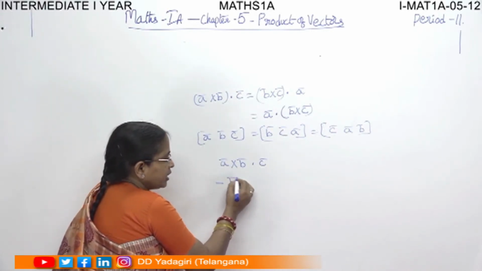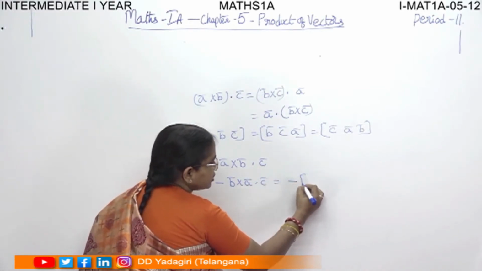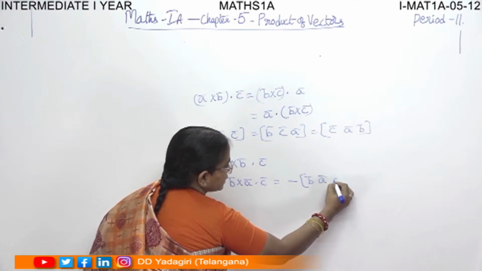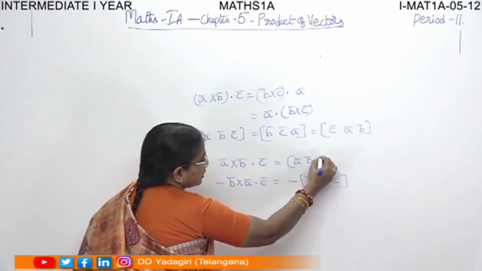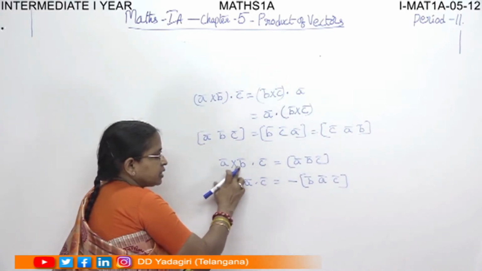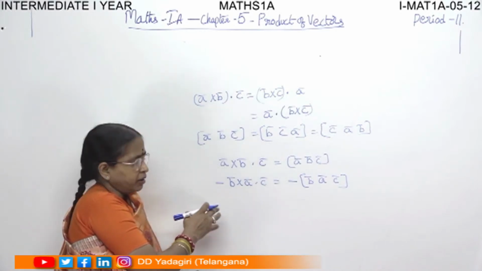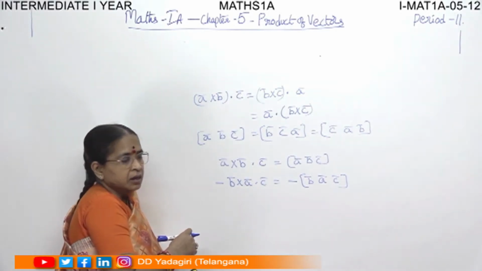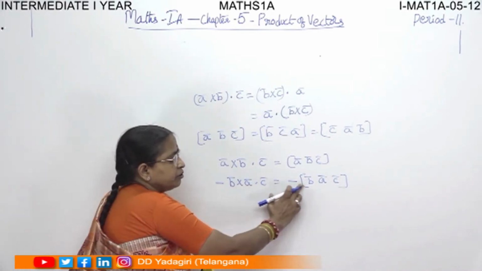So minus B cross A dot C. That means this is minus of box BAC, so this is actually box ABC. According to our property of the vector product, when you interchange two vectors, you should change the sign.